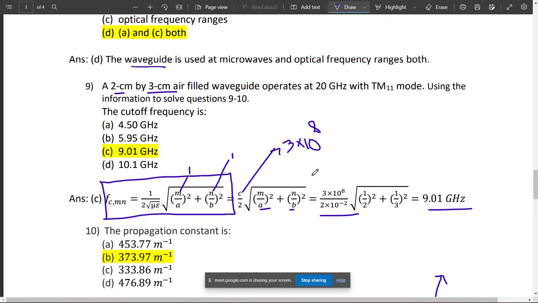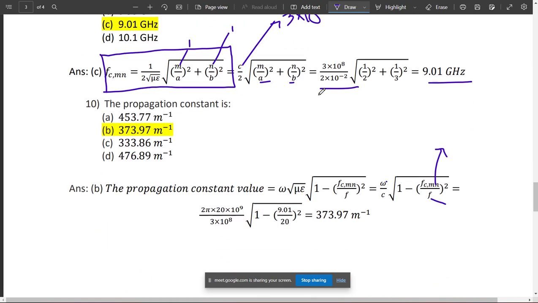The operating frequency here is 20 gigahertz. We will put that, and we know all the other values, and we will find out the value. Is there any issue here? No, ma'am. All right. So the formula for the propagation constant is given to us, and we'll put all the values and find out the answer. Okay, let's go.